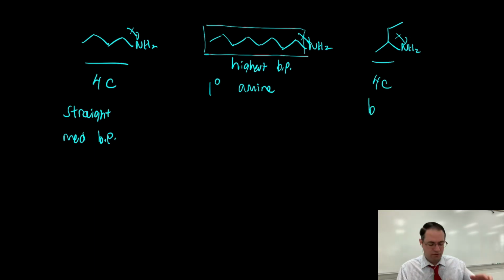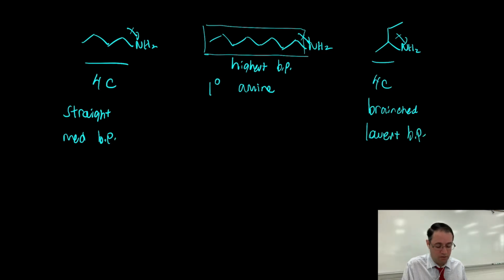It has less surface area because it's branched. So branched alkyl chains are going to create less surface area because they're more compact, and therefore they're going to have a lower boiling point. For these 3 molecules, this is going to be the lowest boiling point. So that's the basics of it.